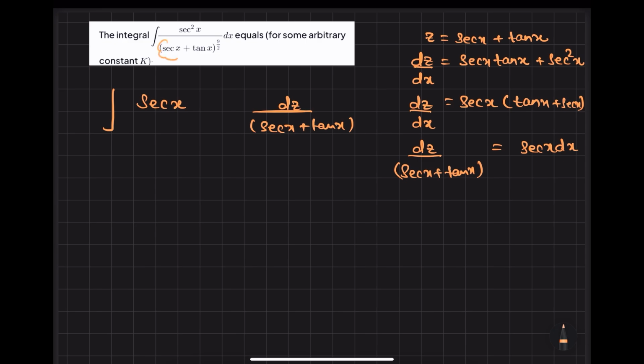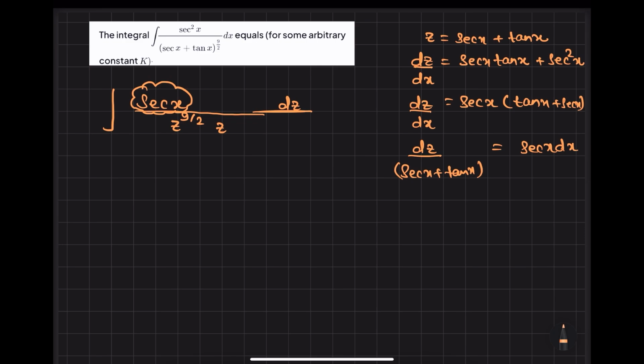Okay, now look at this component. This component we have taken as z. So can I write z to the power 9/2? Okay, now this also can be written as z, correct? So I will write z. Now we have to replace this sec x.